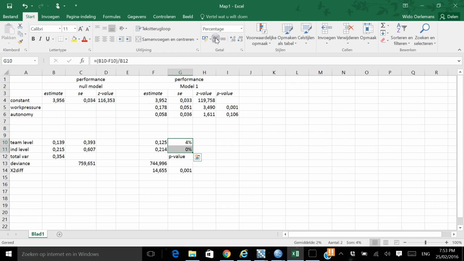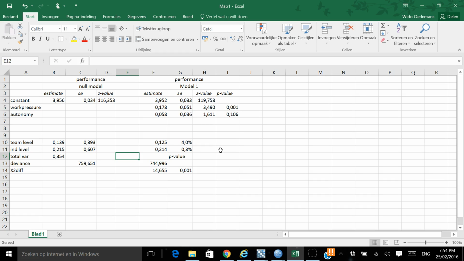Oh, so not so much variance explained, right? So as compared to the total amount of variance, we explain 4% on the team level with this model and 0.3% on the individual level, which is kind of interesting because it shows that on the team level, well, you can be cynical and say this is not a lot of variance explained.